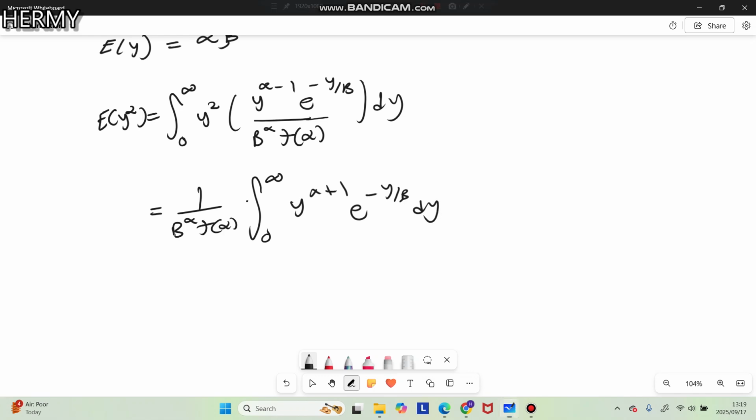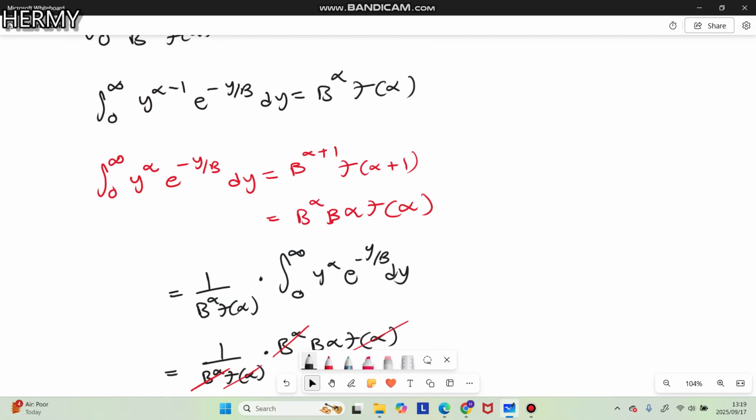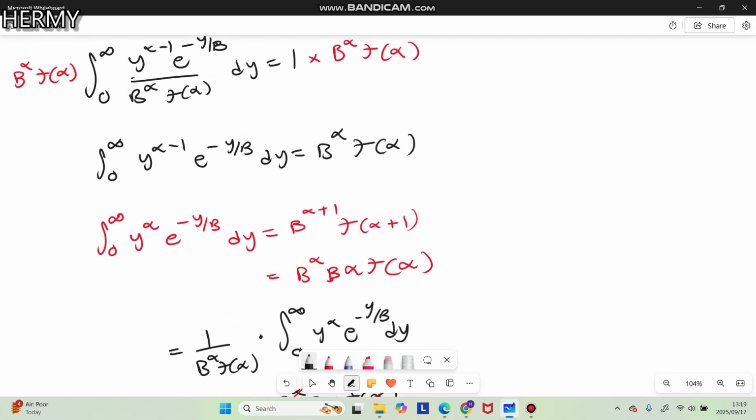So what exactly are we going to do? Remember, the integral here is it here. This is the guy. Then if we add 1 here, so that it can be something, we are just going to add 2 here. Where there is alpha, we add 2. So adding, we'll have y equals alpha plus 1 because we added 2 where there is alpha. Then e to the power negative y over beta dy is equal to what?